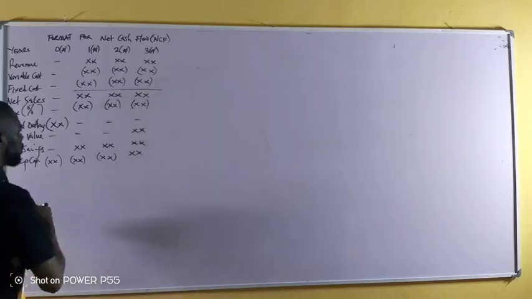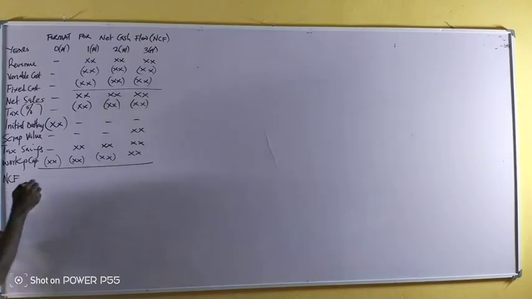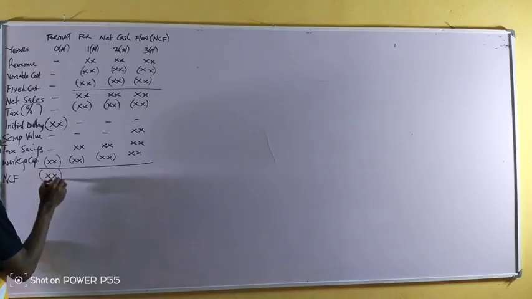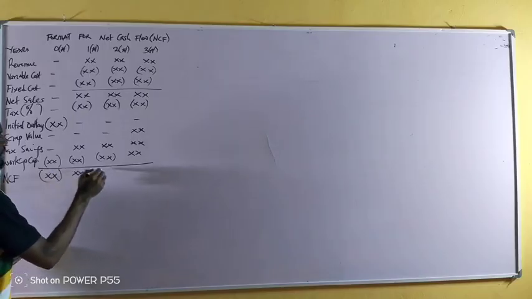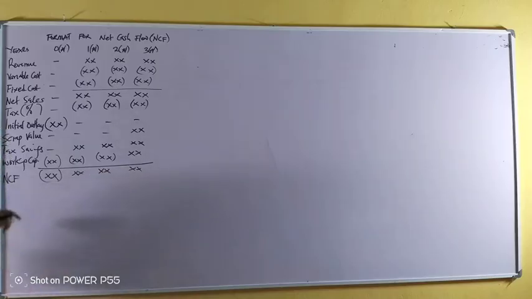So let's go. So this will give you a net cash flow. Typically this is like this. Then when you get your net cash flow, this is the cash flow that you discount.